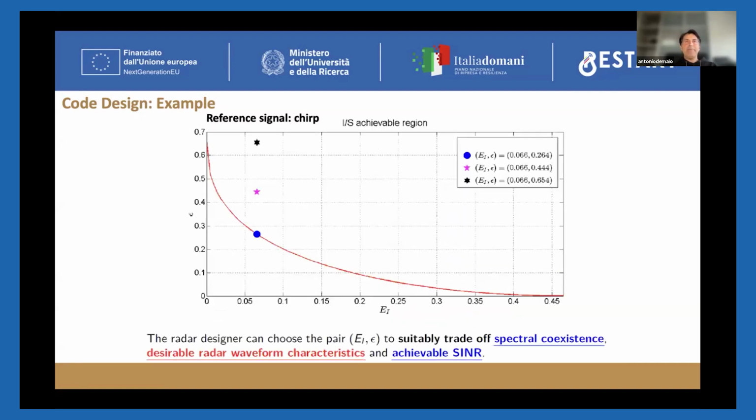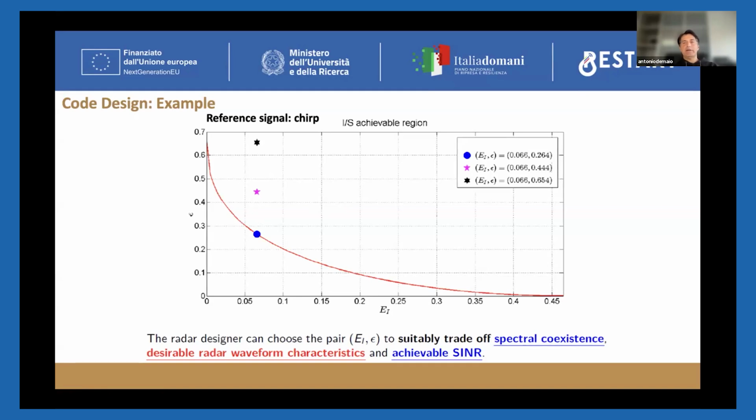And as a first step toward the synthesis of our waveform, in this figure we can see the interference similarity achievable region for the case study at hand. The reference waveform is a standard chirp signal. All the points above this boundary correspond to a feasible design, and they are referred to as operative points.